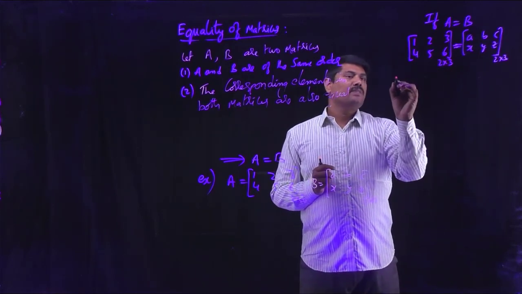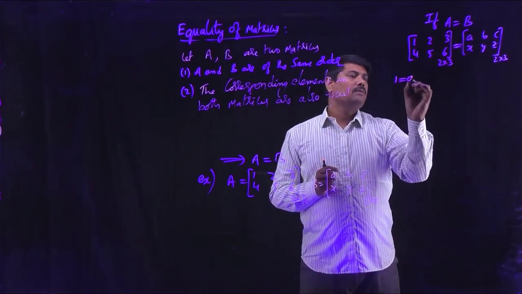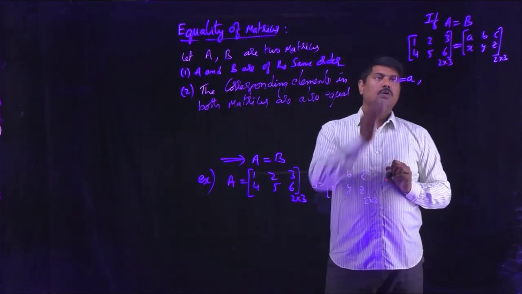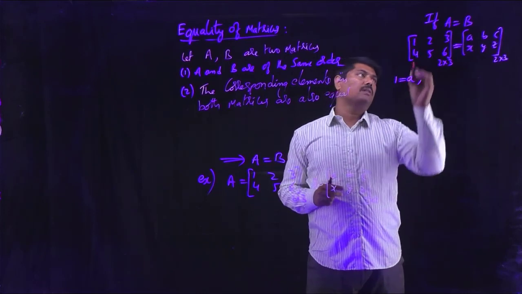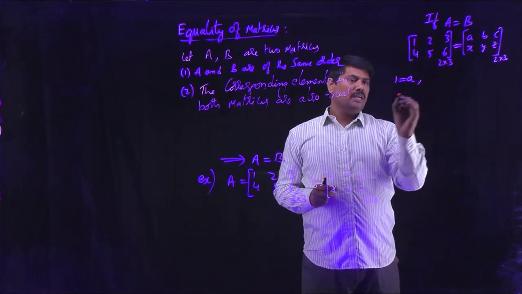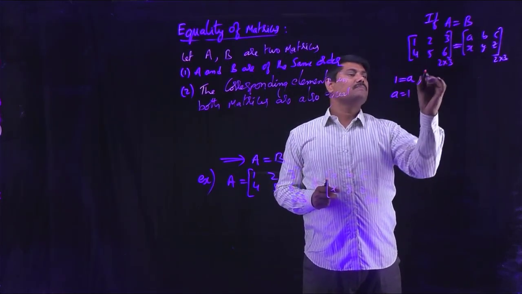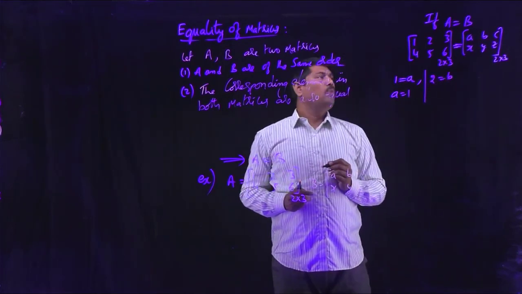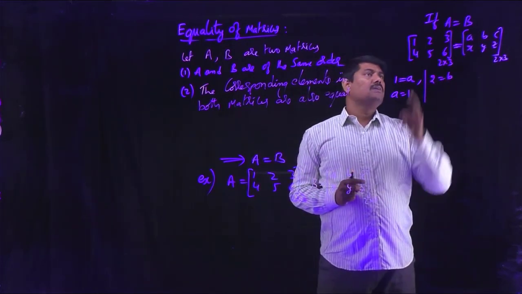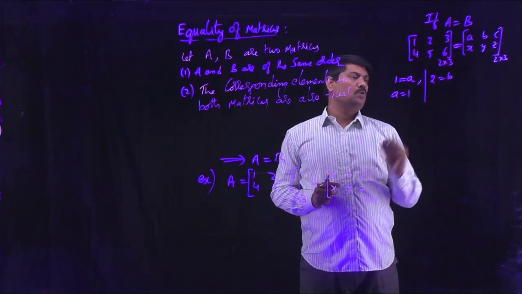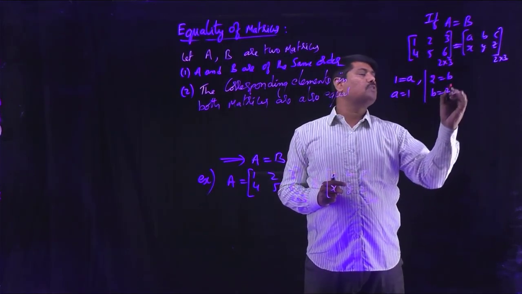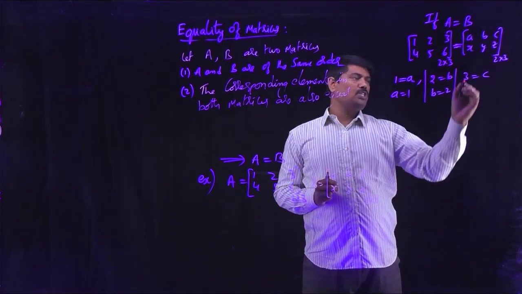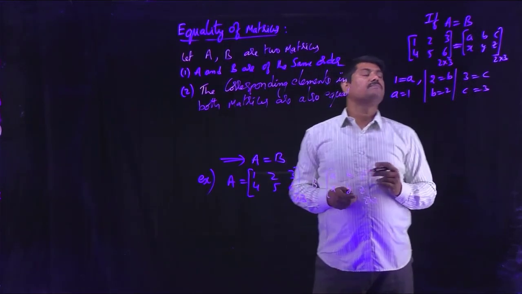So 1 is equal to a, the 1 1 position elements have to be equal. 2 is equal to b, the 1 2 position elements, so b value should be 2. 3 is equal to c, the 1 3 position elements, so c value is 3.